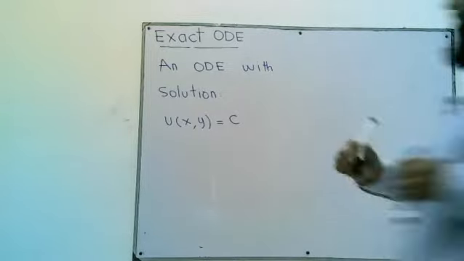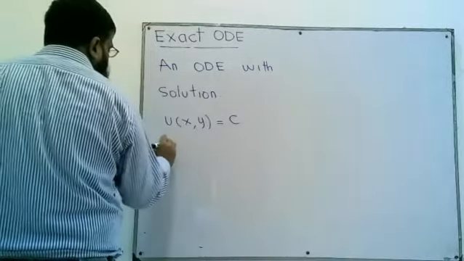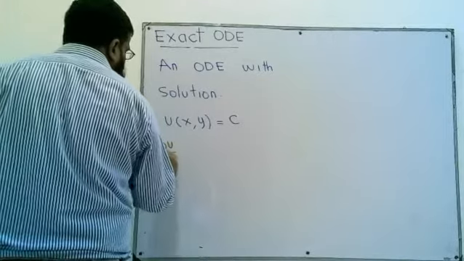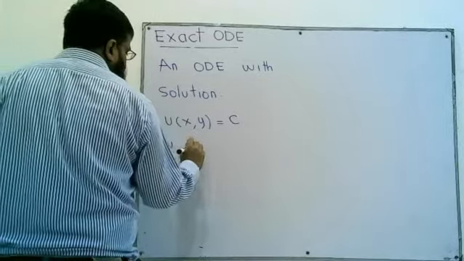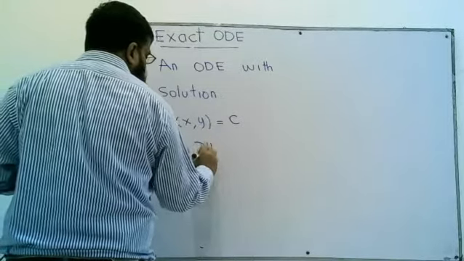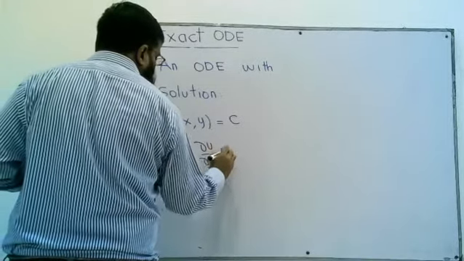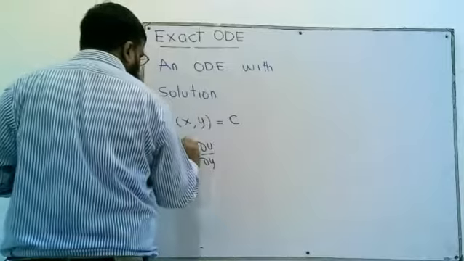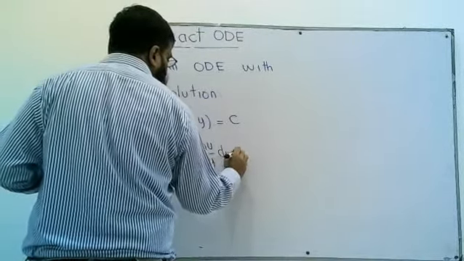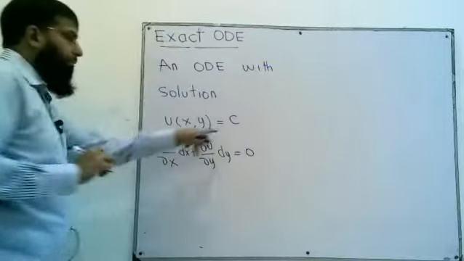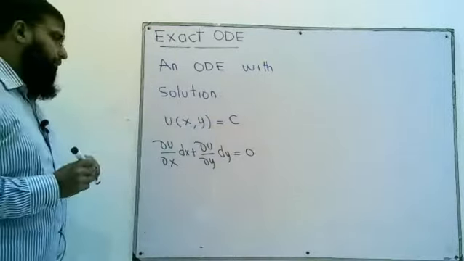This means that if we compute its total differential, partial u over partial x dx plus partial u over partial y dy, it becomes equal to 0 because the derivative of a constant is 0.